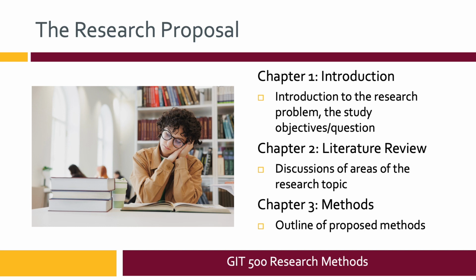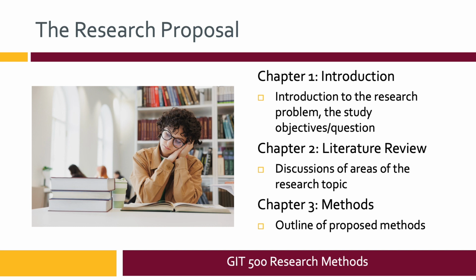Chapter 2, again, is just a literature review where you're going to discuss different areas of a research topic. Remember that in a lit review, you're not just reporting out individual articles. You're talking about topic areas that may bring in several different articles into each of those topic areas.